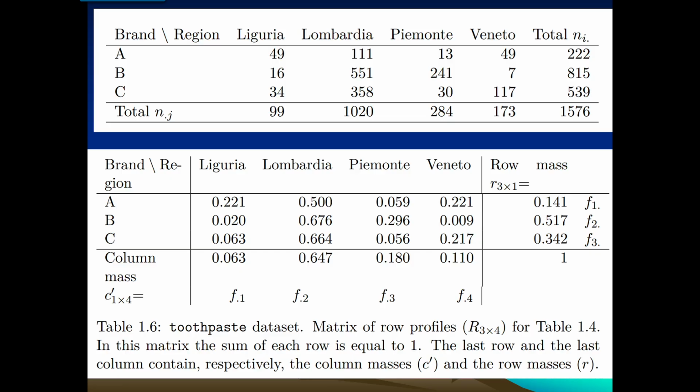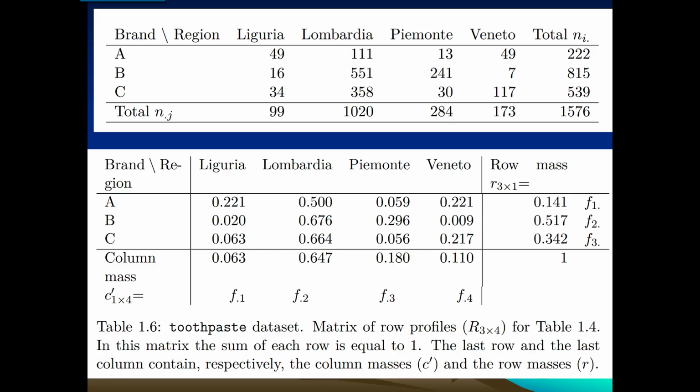Therefore, the matrix of row profiles is a matrix of capital I points in the space of dimension, which is the dimension of the row points, is it dimension capital J? No, because the final one is automatically obtained, because the sum is 1.